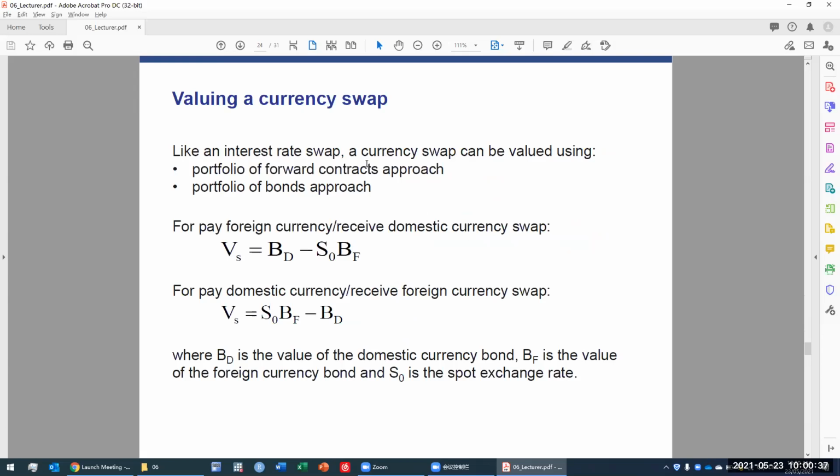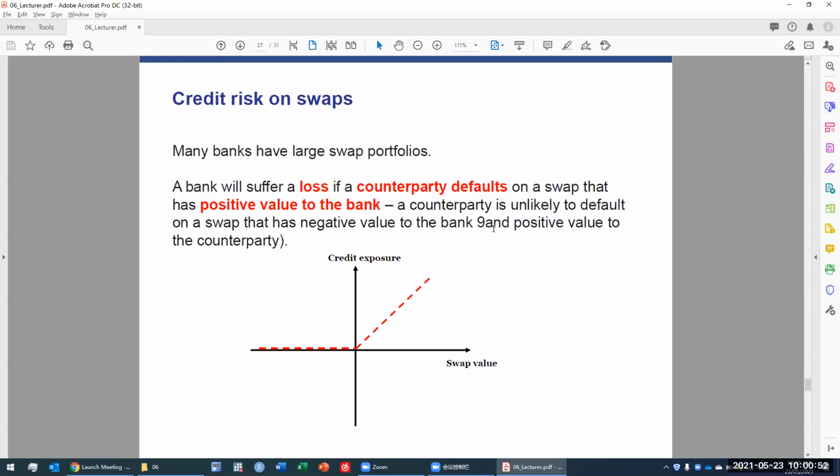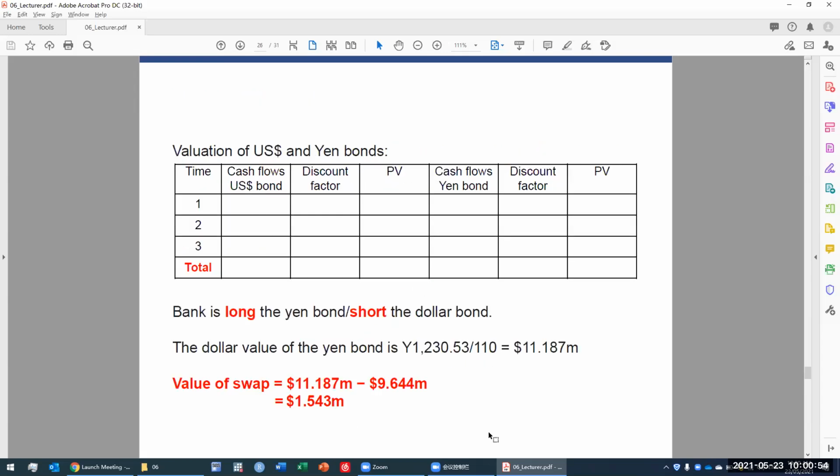Then valuing a currency swap is just this, right? So again, knowing how to deal with the exchange rate is important. It's important to know how to convert your interest rate back to the exchange rate, to whatever currency you want to work in, right?